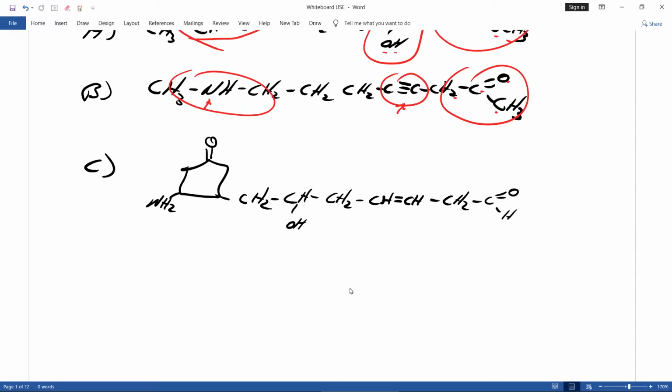All right, I think I threw in everything but the kitchen sink in this one. Circle the functional groups. Have fun. Remember, look for what's different.